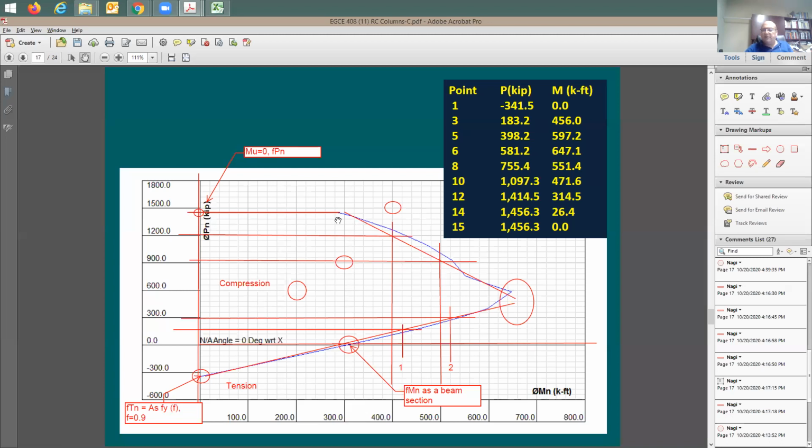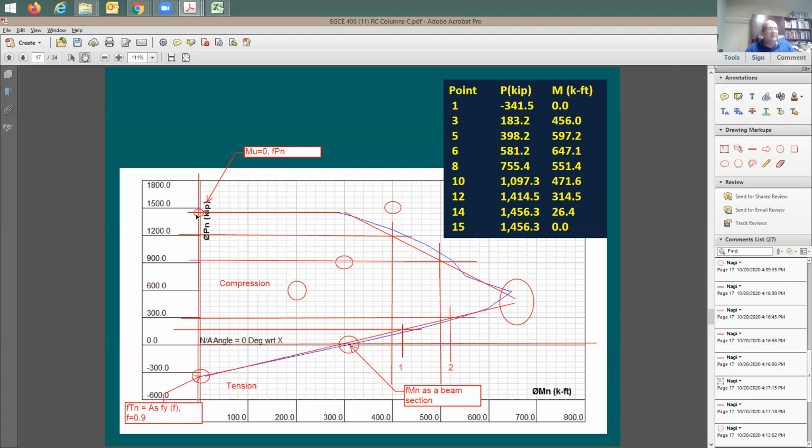What happened here at this point? If you notice here, the flexure strength is growing with the same axial load, right? In other words, the strength when it comes to this concrete section and axial load is the same even though you start here to add some moment to it, which is kind of weird. It doesn't make any sense.